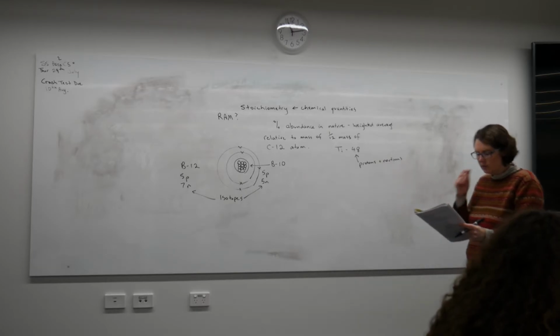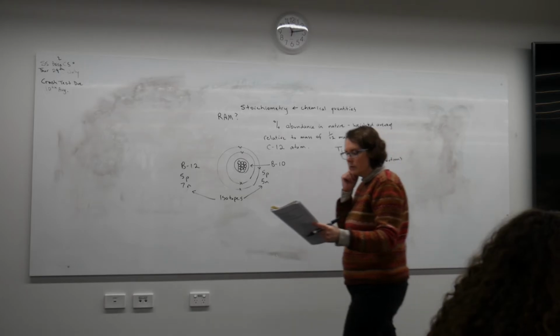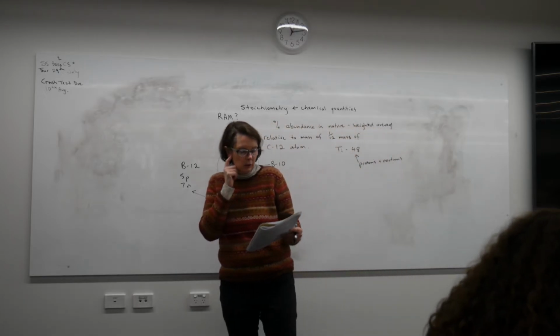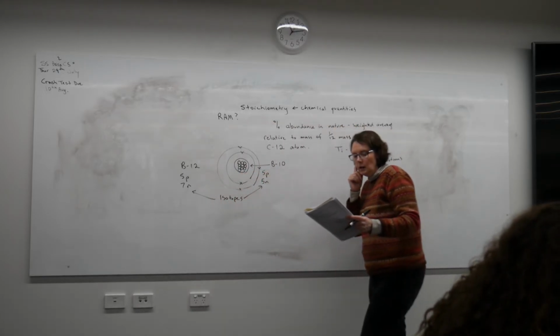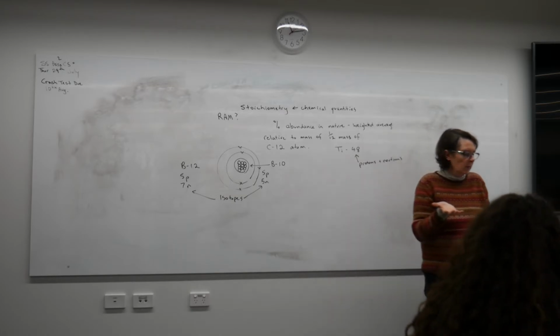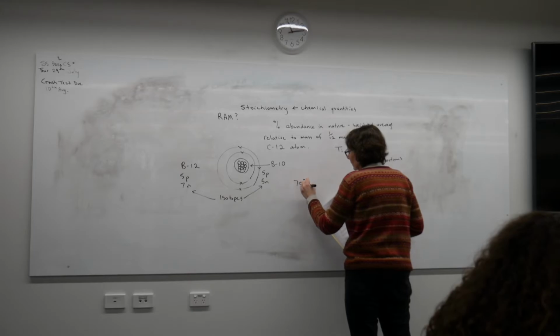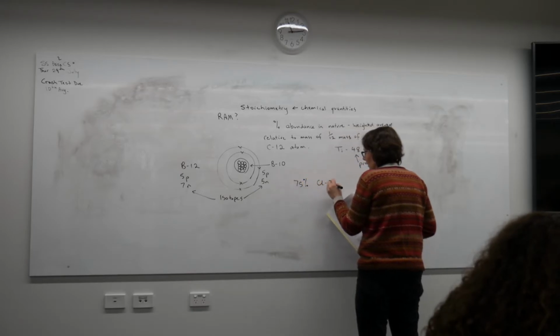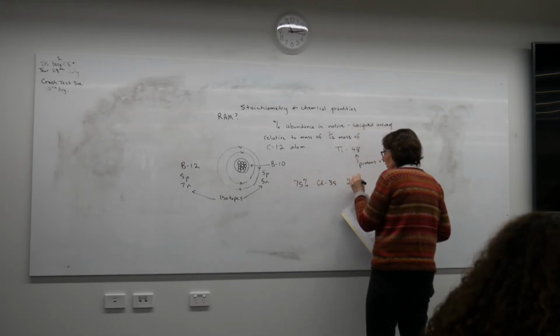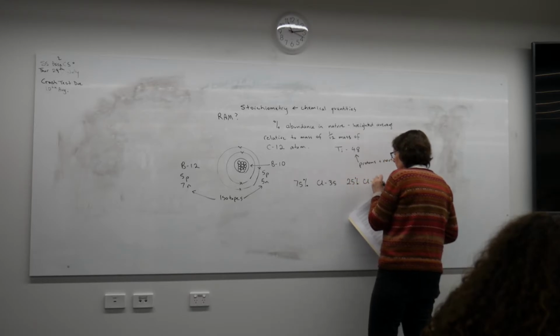Okay, so we look here on page 14. We've got a calculation for the relative atomic mass of chlorine. We're told that 75% abundance of chlorine 35 and 25% for chlorine 37.